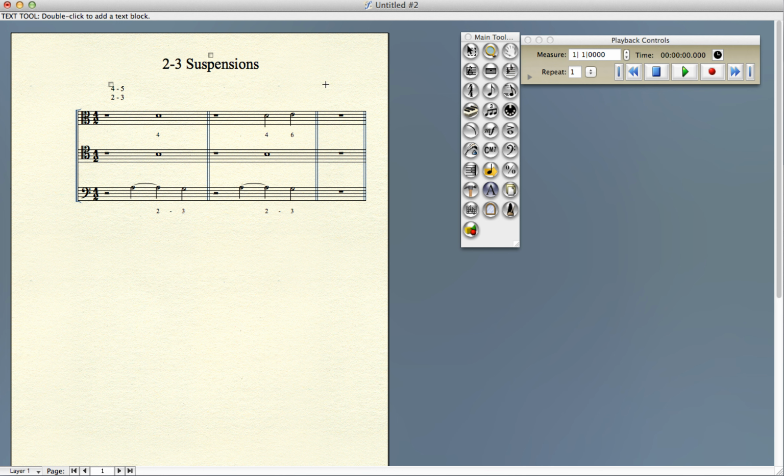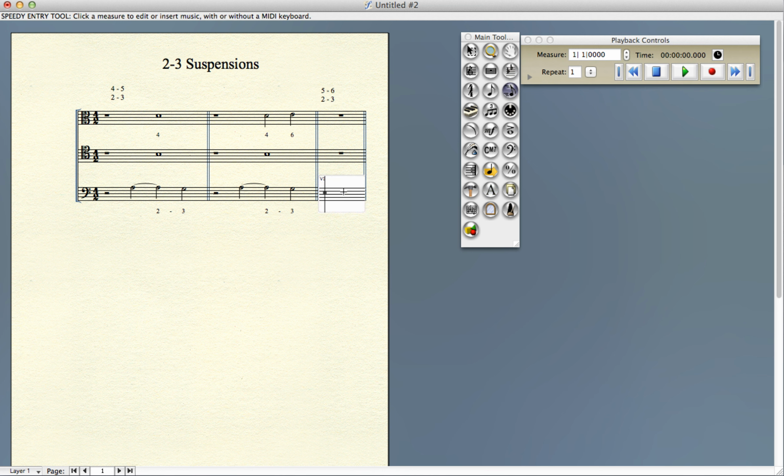The final possibility for the suspension is a 5-2 on the beat, which when the bass resolves will create a 6-3 sonority. So this is very similar to the one we just did, but just has a different note in the top voice.